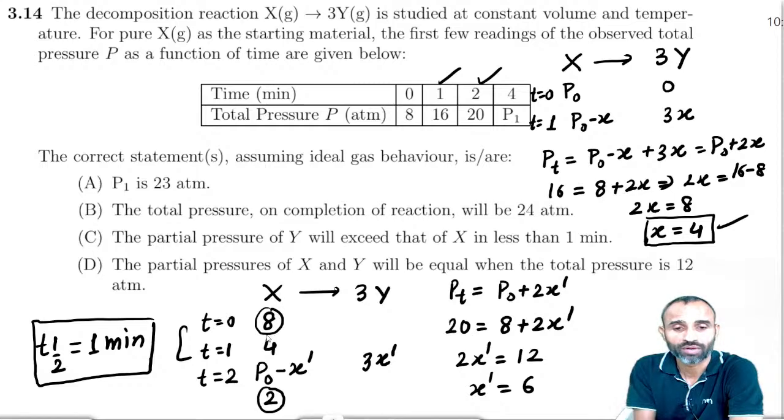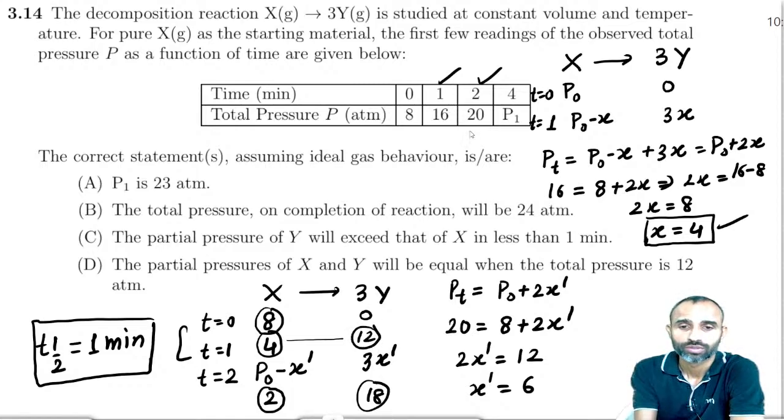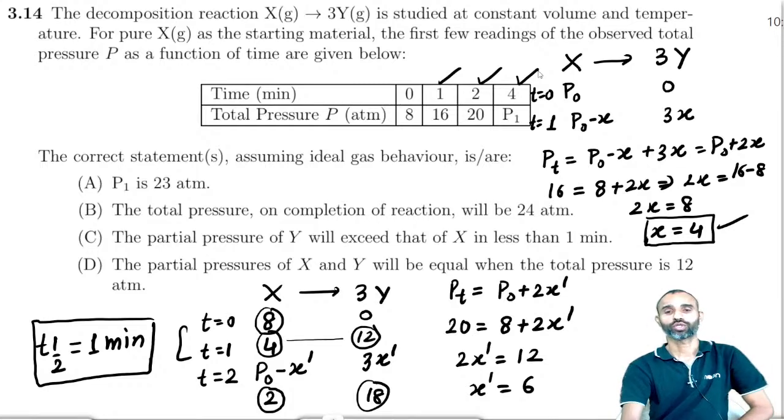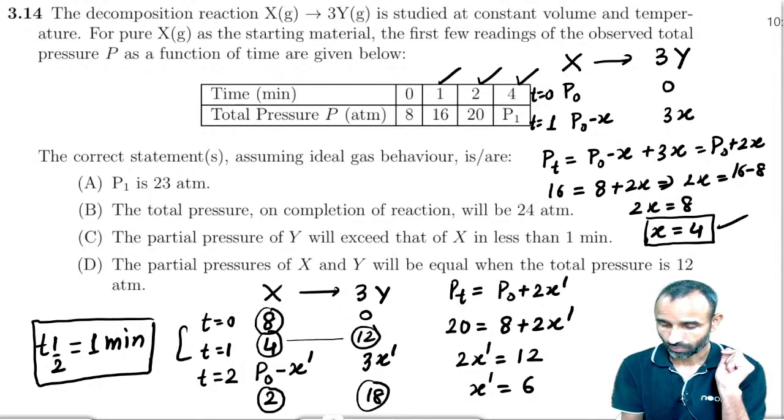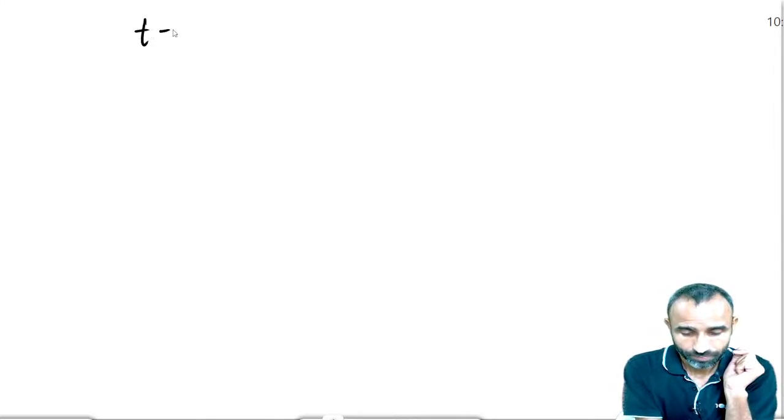Every time it is halved. It follows which kinetics? 18, 18 plus 2, 20. Last time it was 4, 8, 12, 2, 18. So it follows first order kinetics, that we come to know. That means 4 minutes means how many half-lives?